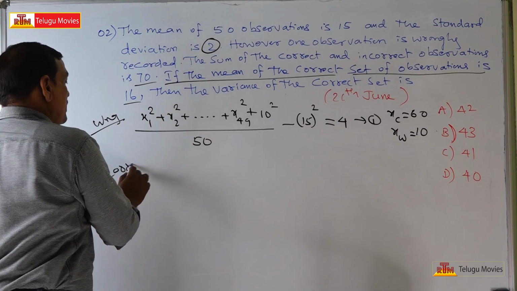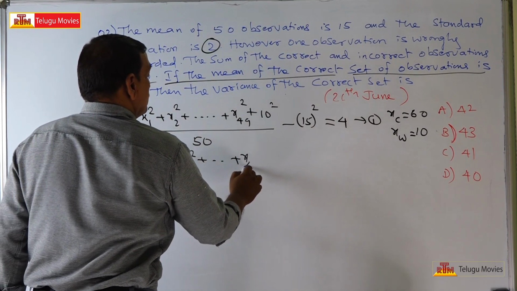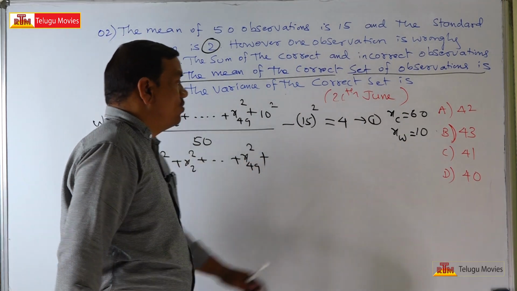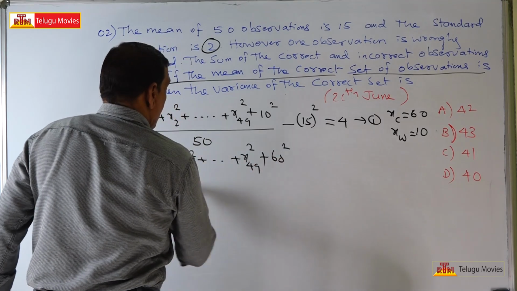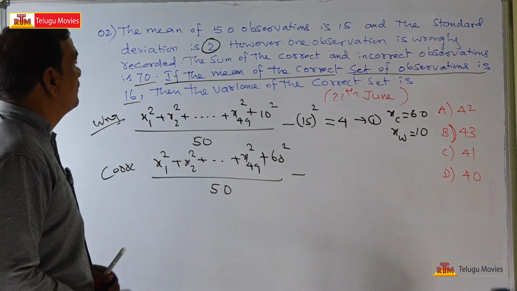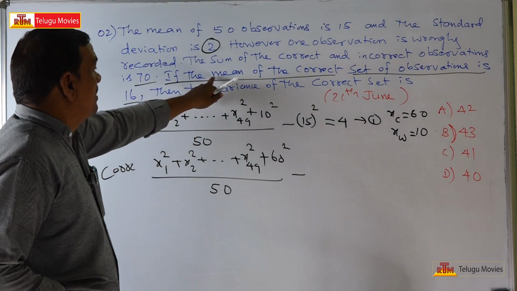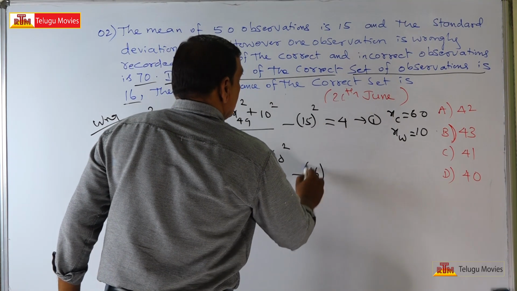Now the correct one. It is x1 square plus x2 square plus so on up to x49 square plus 60 square, upon 50, minus the correct mean square. The mean of the correct set of observations is 16, so minus 16 square.